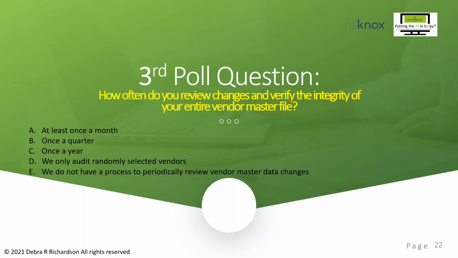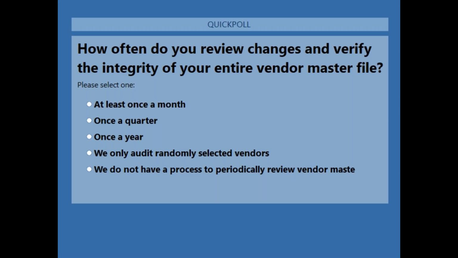And so let me go ahead and get that launched. All right, so now that you've heard about different controls to protect the vendor master file from fraud, and you've seen the great demo on automating the bank account validation process, you may be thinking about the vendor data in your vendor master file.